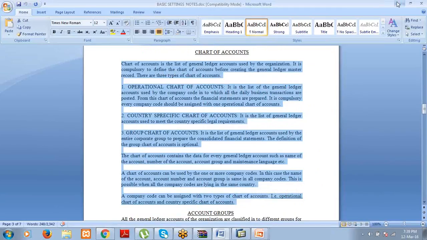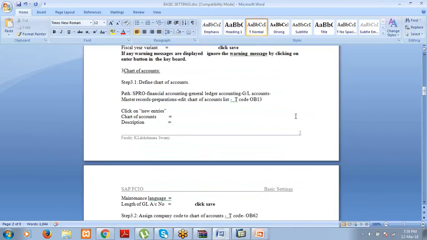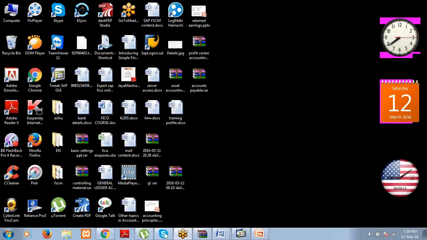Okay. Now let us see how to maintain the chart of accounts. That is step number 3.1, define chart of accounts.